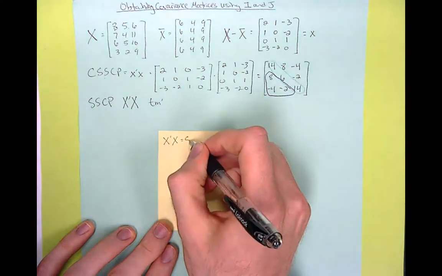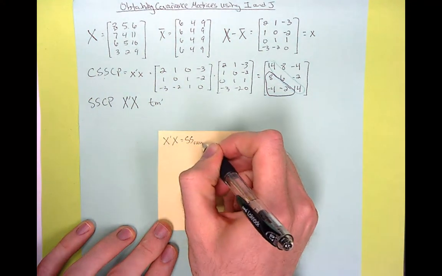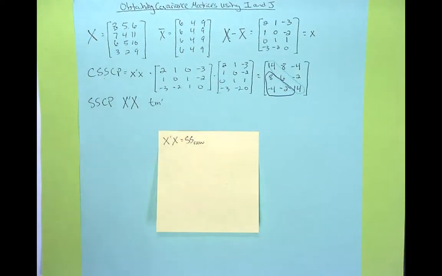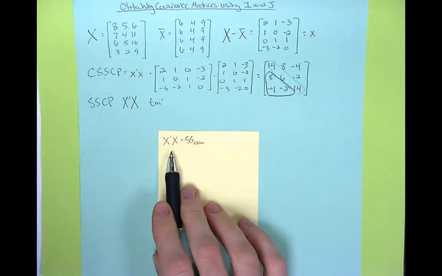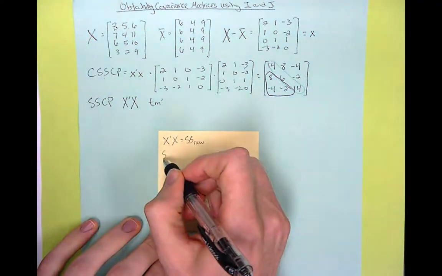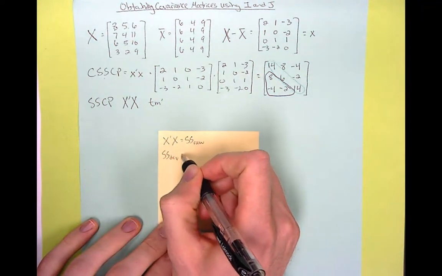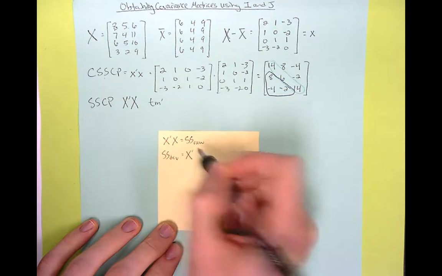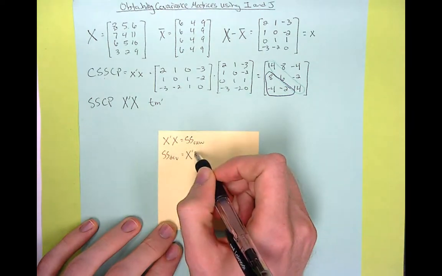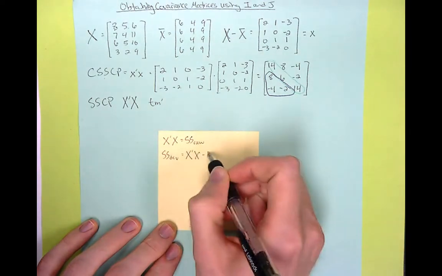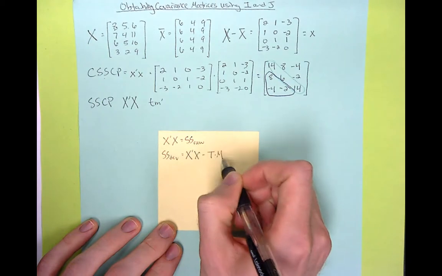So this is sums of squares raw. We get deviation scores by subtracting the product of T and M from this, and we get sums of squares deviation is X transpose X minus T times M.